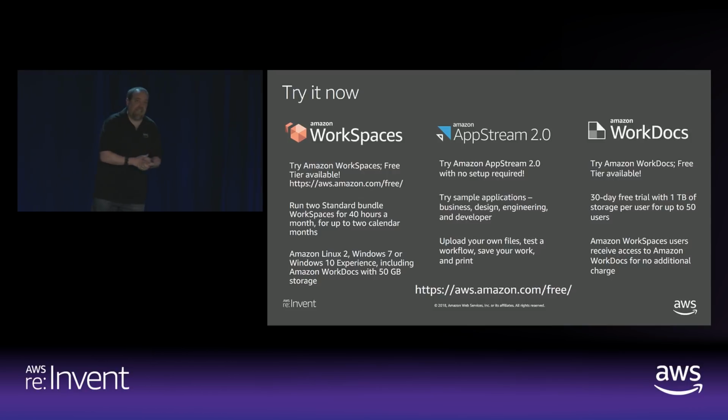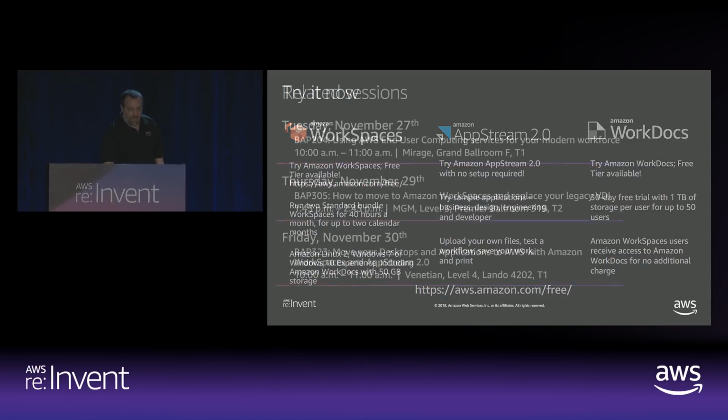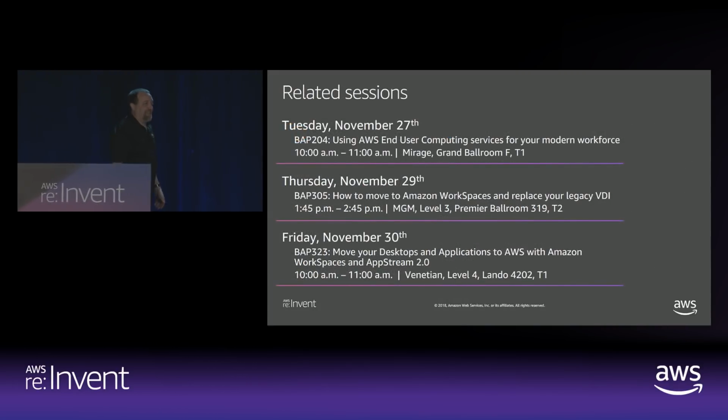We have some sample applications in the Try It Now that are available to run. But you can also build your own files, test a workflow, save your work, and print. And then WorkDocs. There is a free tier, 30-day free trial with 1 terabyte of storage per user for up to 50 users, but all Amazon WorkSpaces users receive access to WorkDocs for no additional charge for that 50 gig setup. Now, I know it's a little bit late for related sessions, but these are the ones you missed.